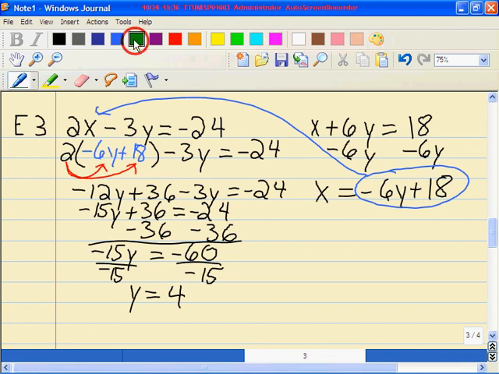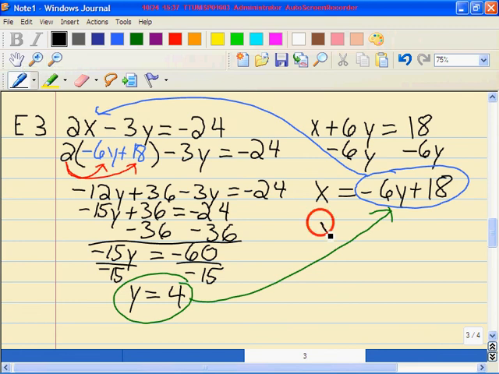So now that I got y equals 4, I'll take it and let's substitute it back into the equation that I solved for x. That will help us to easily find x. We could plug it into either this equation here or this one here, but then we're going to have to move a few things around to solve for x. In this case here, we can just substitute in for y, multiply, add, and then we should be finished.